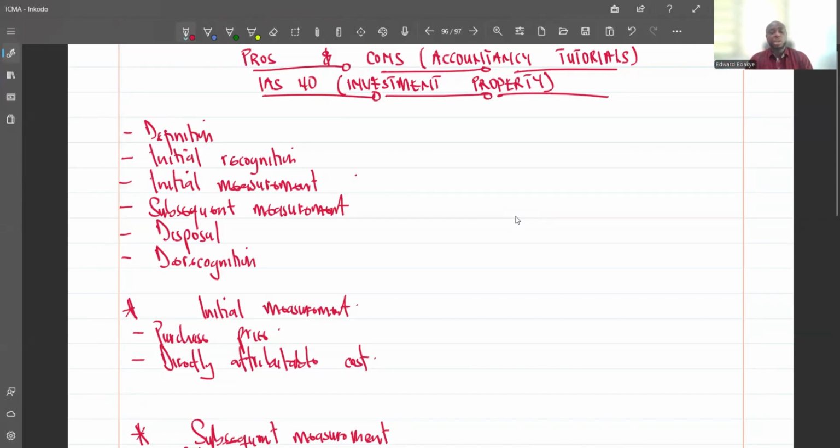So you go there, you have people who will be doing cleaning for you, people who will be doing sweeping, and the rest. Those are ancillary activities. So if I go to a hotel and I pay the rental fee, but within that rental fee there's something like food, there's something like network.